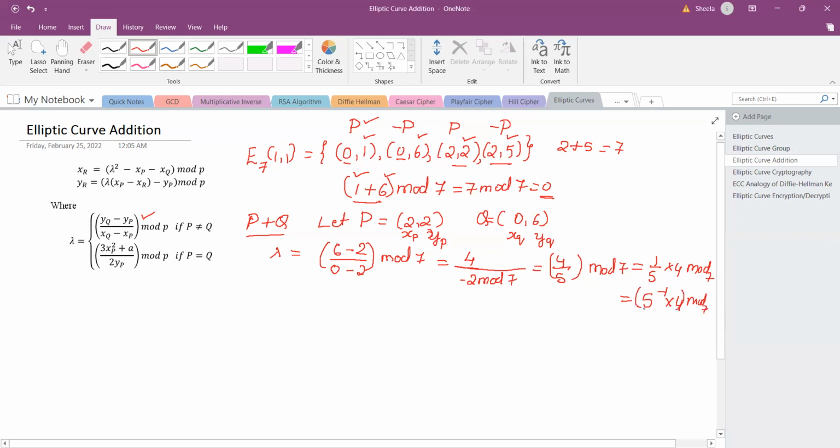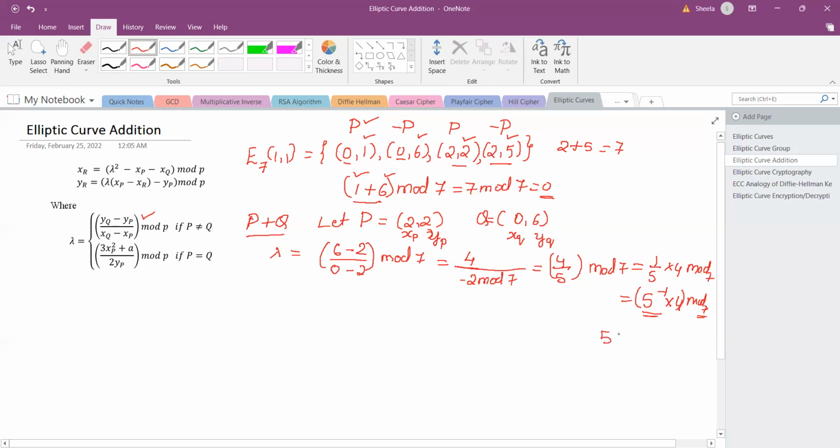Now we have to find the multiplicative inverse of 5. Since the p value is very small, instead of using the extended Euclidean algorithm, I'll just multiply field elements and find for which one we get the value 1.